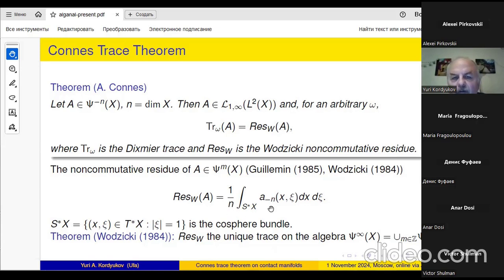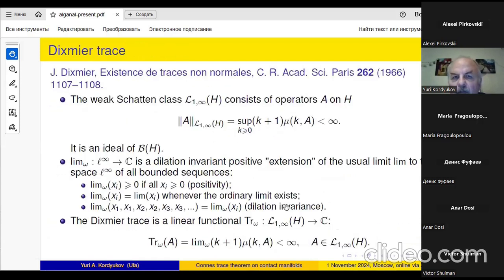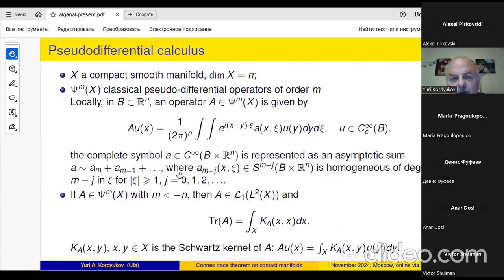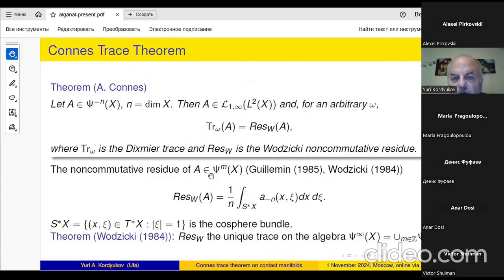So we have a pseudodifferential operator. I remind you that if we have a pseudodifferential operator, then its complete symbol is an asymptotic sum of homogeneous components. We should take the appropriate homogeneous component of degree minus n, where n is the dimension of the manifold.